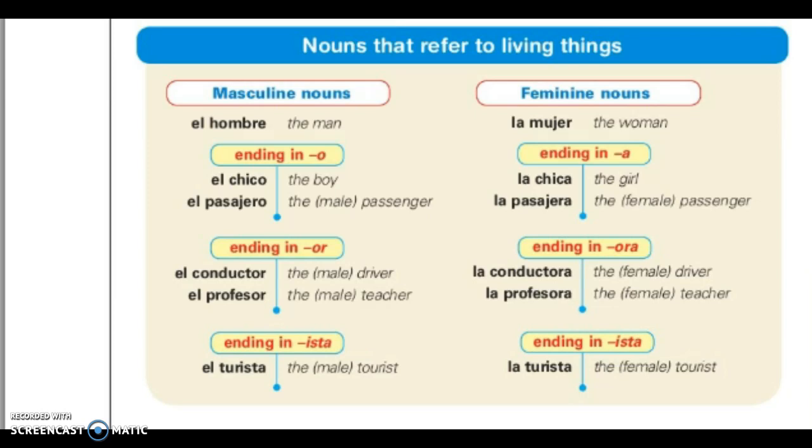So, masculine words that are living things would end in either o, or, or ista, and feminine words in a, ora, or ista. You'll see that the ending ista could be for either a man or a woman, and the only way you're going to know whether the turista, or tourist, is a man or a woman, or whatever word that ends in ista, is by looking at the article.